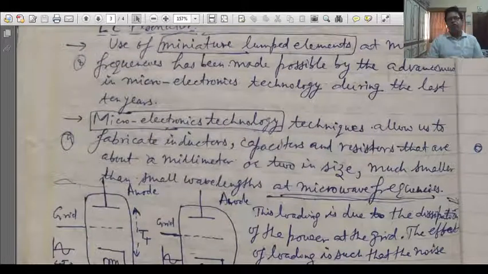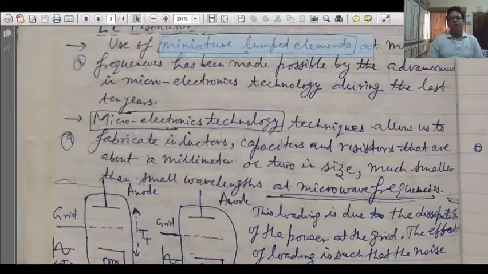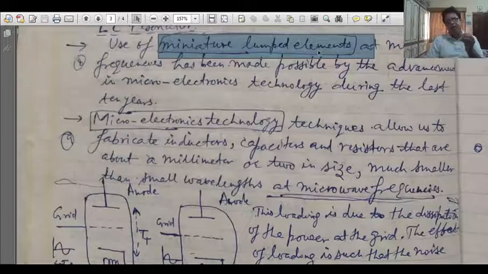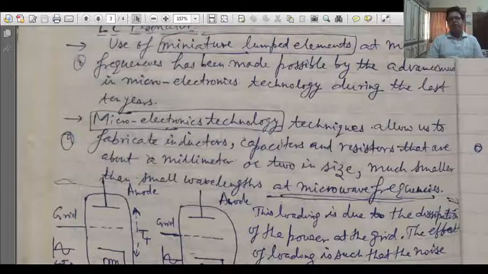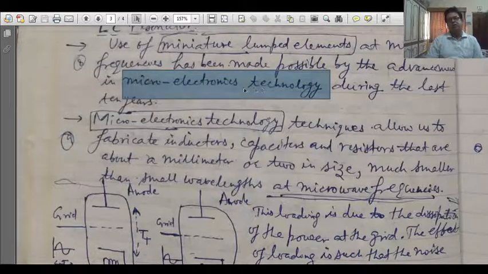Use of miniature lumped elements: very small size elements at microwave frequencies have been made possible by advancement in microelectronics technology.